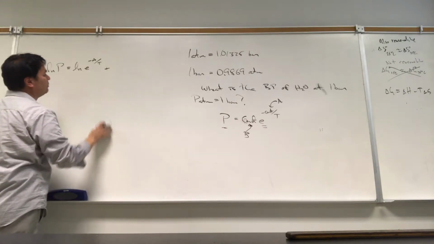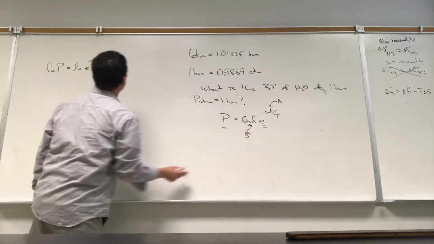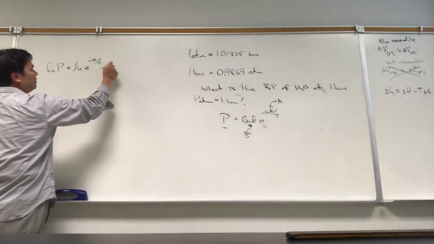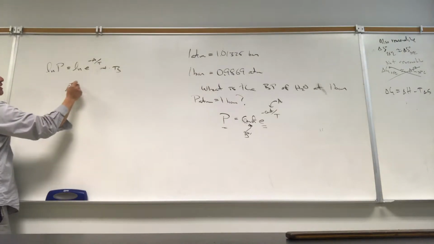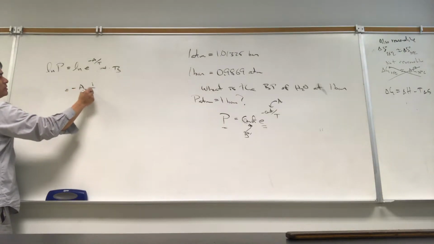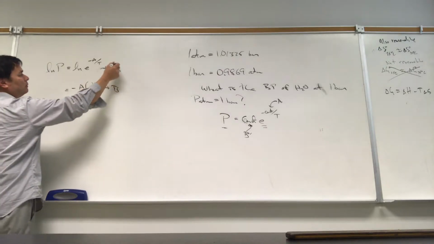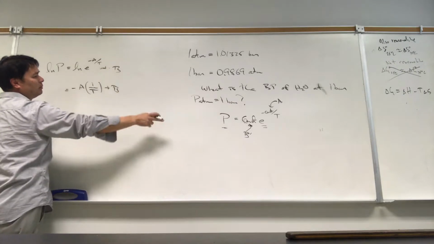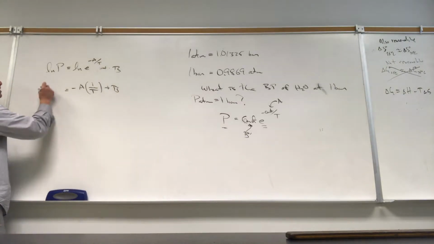Actually, I shouldn't call that B, but it's all right. I already called it. I'll call it B prime. Sorry. And then we'll have that equal to B. Plus B, this is going to equal minus A times 1 over T. A is a constant, plus B, where B was ln of B prime. Do you recognize this equation now?